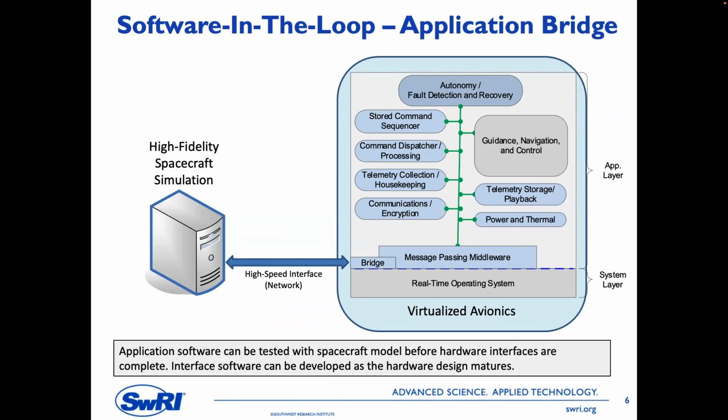A good architecture for this is one that has a message passing middleware. One example of that is the software bus for the NASA cFE/cFS software. Another good example is a system like the Robot Operating System, ROS, which is a middleware used in robotic applications.